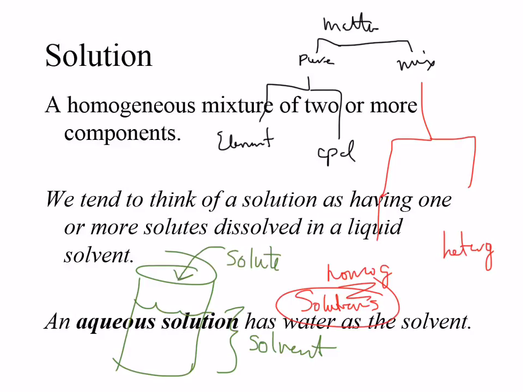Could you have more than just two things mixed together? Oh yeah. Usually you have a bunch of something that's your solvent, and sometimes you have multiple solutes that are added. So solution is equal to the solvent plus the solute. You add them together.